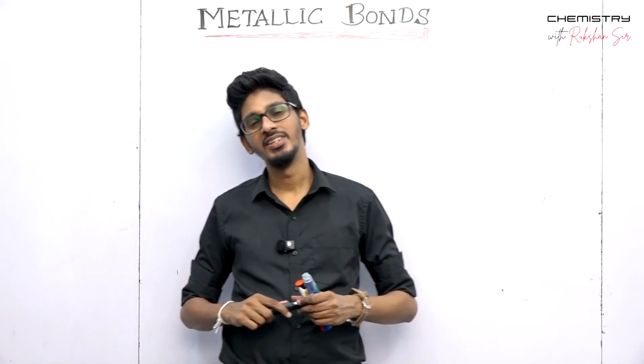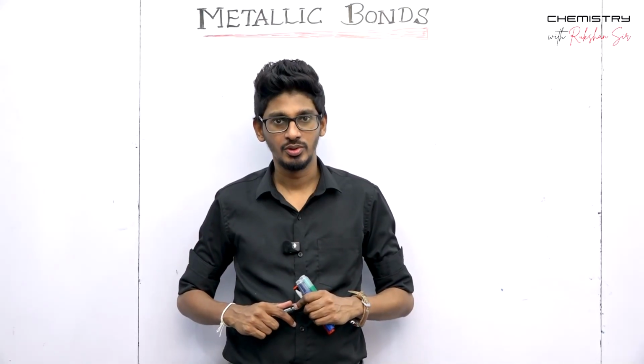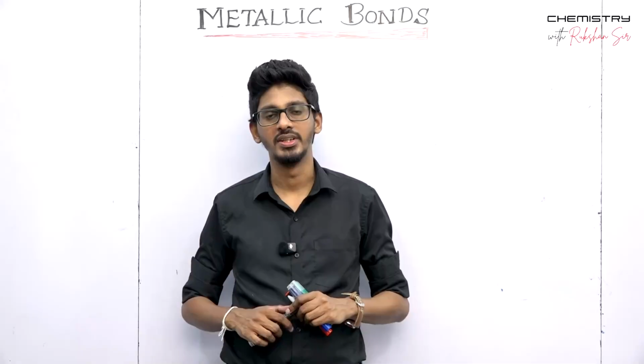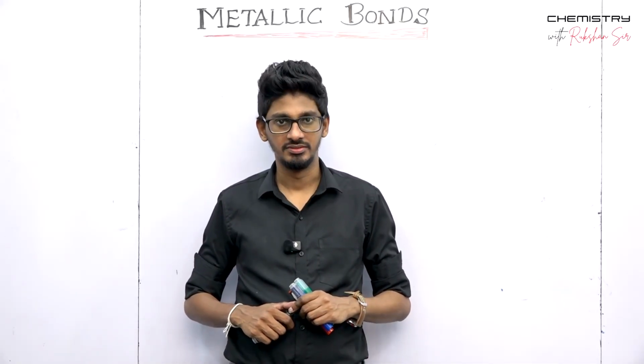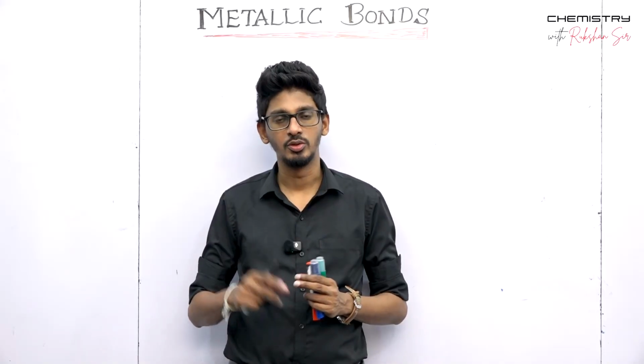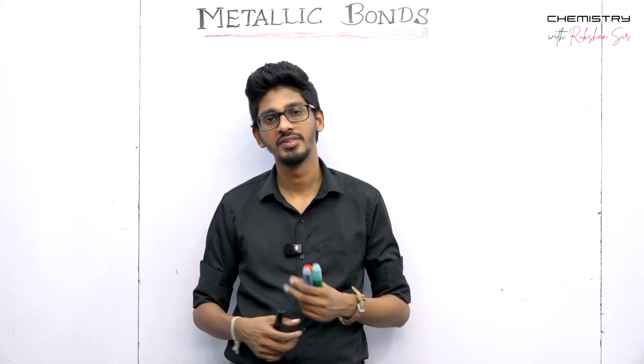Today our topic is the metallic bond. This is the third kind of primary bond we are studying. In our lesson there are two major bond types: the primary bonds and the secondary bonds.